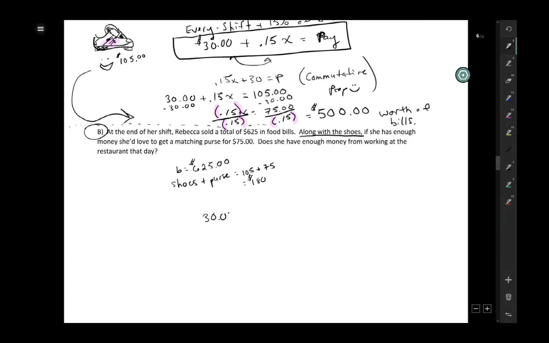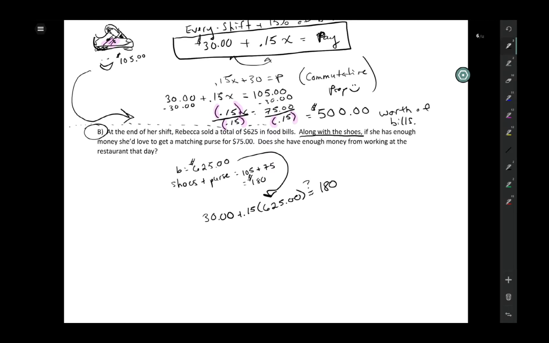That's how much she makes just from walking in that day. Plus 0.15 times what she made off of the bills. We want to know, is it enough for 180?